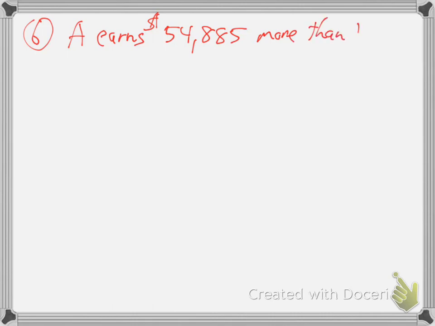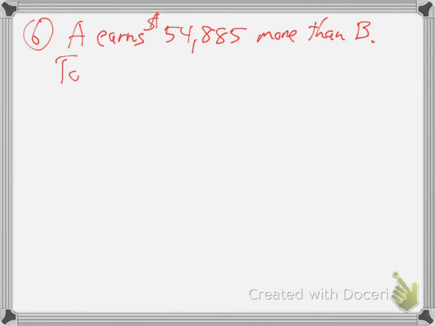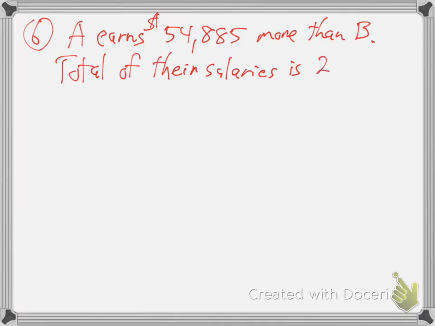More than B. Total of their salaries is what? 298,705. So find each.